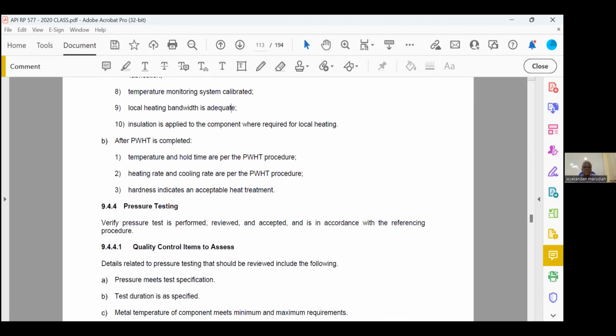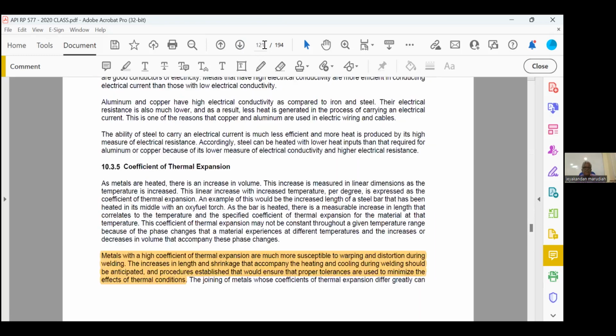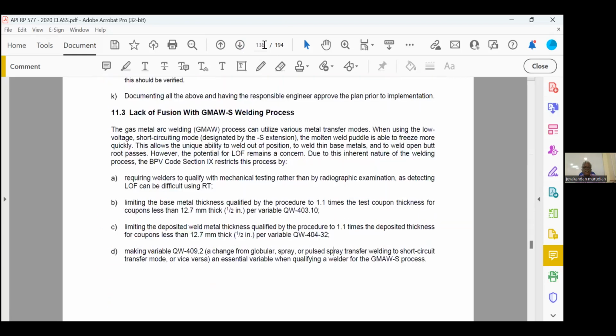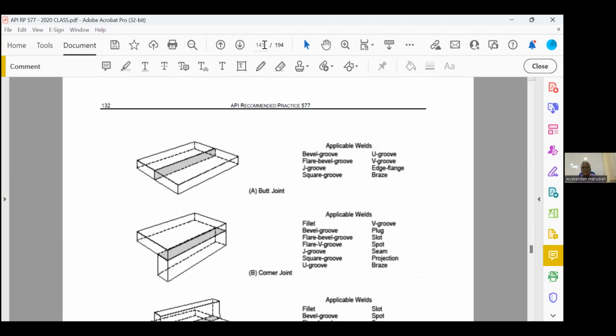First, what are the different types of joints we have? It is given in the annexure actually. We'll go to the annexure and come back. So please take page number 132.